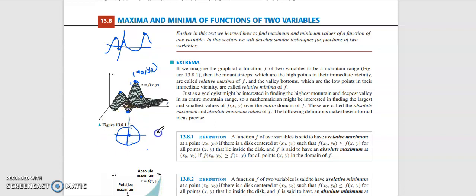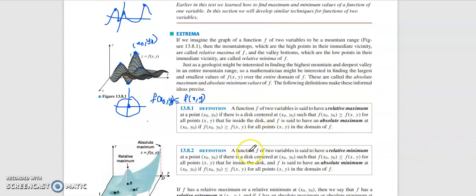So f of x0 y0 must be the least value, so f of x0 y0 must be less than or equal to f of xy for all xy in the disk. If so, that will be called a relative minimum. So a function f of two variables is said to have a relative minimum at a point x0 y0 if there is a disk centered at x0 y0 such that f of x0 y0 is less than or equal to f of xy for all points that lie inside the disk.